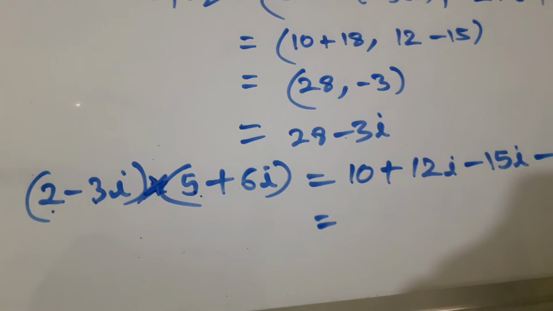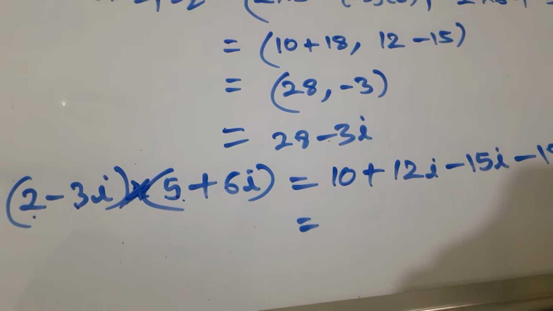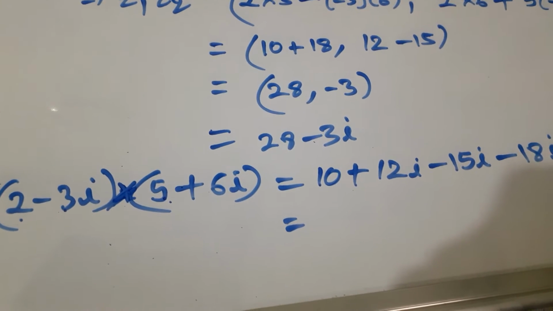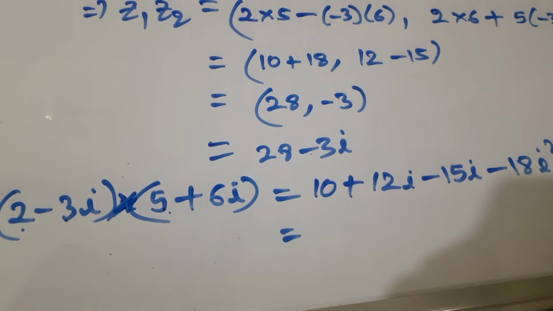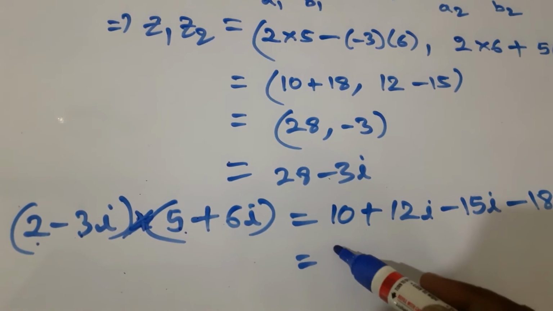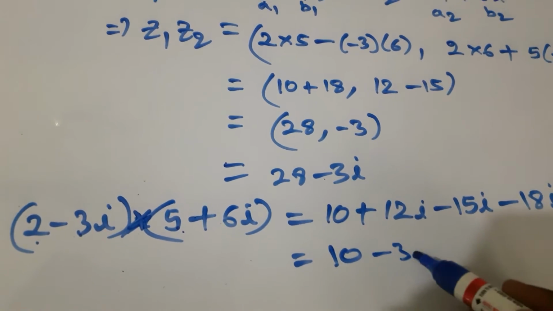We already told that i is equal to root over minus 1. i square is equal to minus 1, the root will be cancelled. Instead of i square you write minus 1. Here you will get 10. 12i minus 15i means minus 3i.